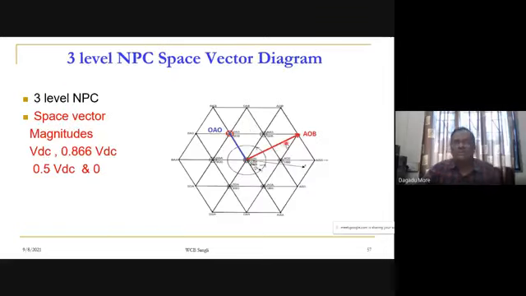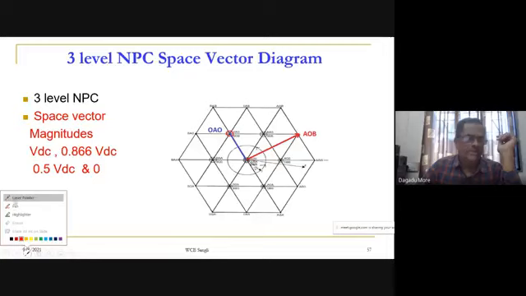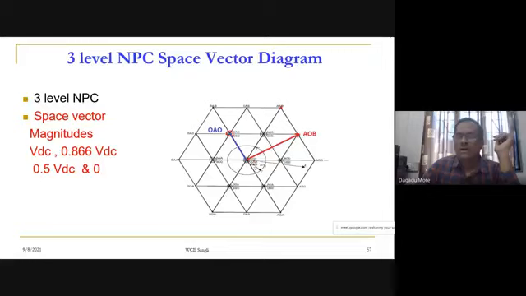And now we can represent this here. So this is a diagram. If you see it here, it is a hexagon. Okay, so I will just use the pen here. So I'll just get these points. If you see the corner points of this hexagon, this will be the same for 2 level and 3 level.